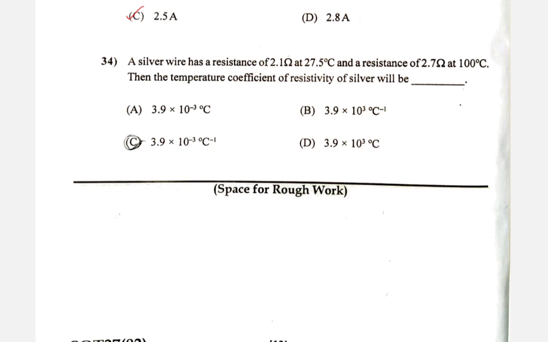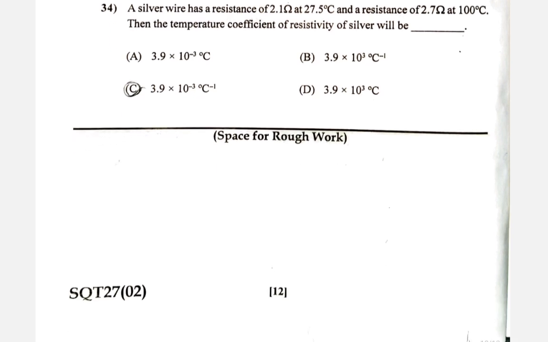A silver wire has a resistance of 2.1 ohm at 27.5 degrees Celsius and a resistance of 2.7 ohm at 100 degrees Celsius. Then the temperature coefficient of resistance of silver wire will be? For temperature coefficient we know that alpha is equal to R2 minus R1 upon R1 into T2 minus T1.